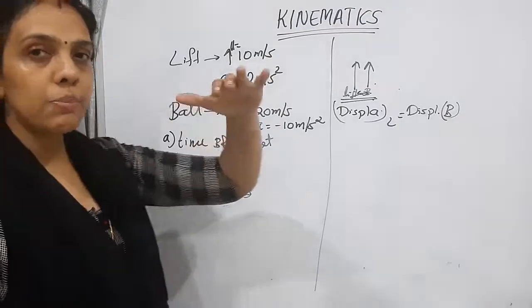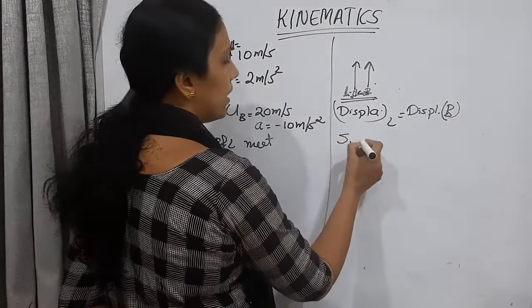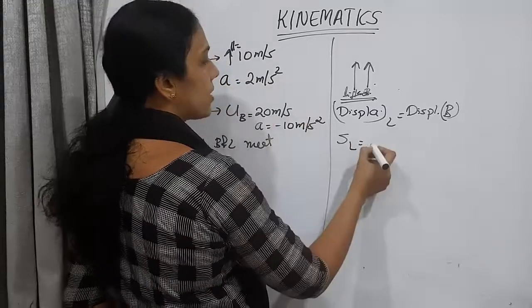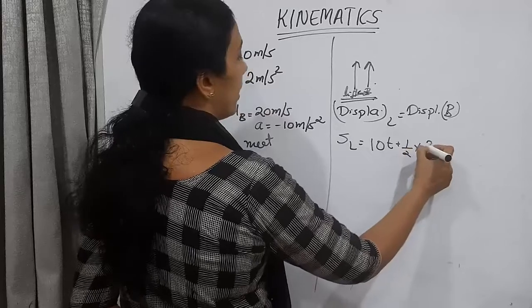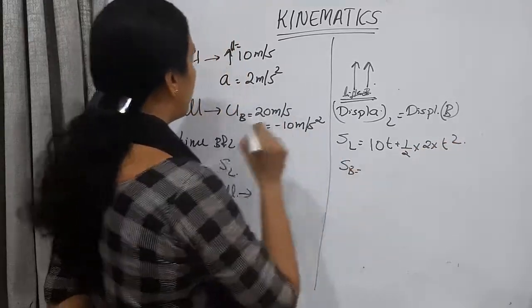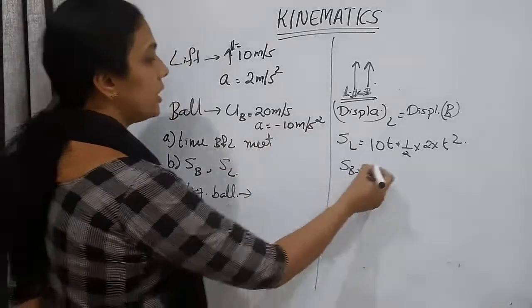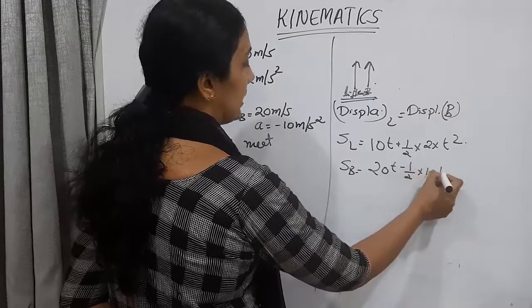So we will find the displacement of the lift. S equals ut plus half at square. Therefore 10t plus half into 2 into t square, and the displacement of the ball will be 20t minus half into 10 t square.